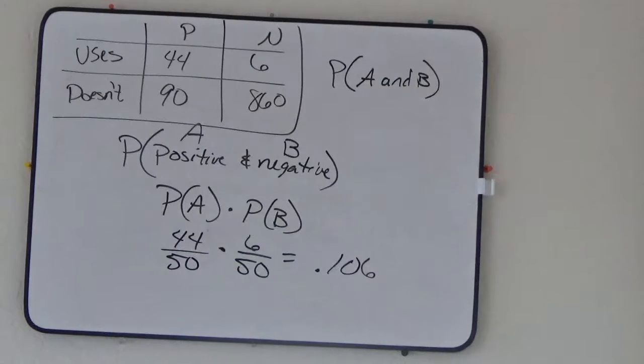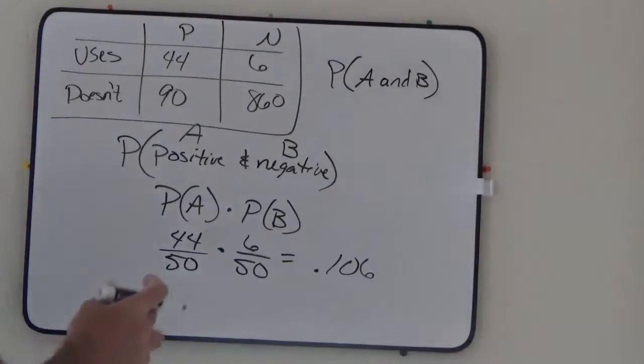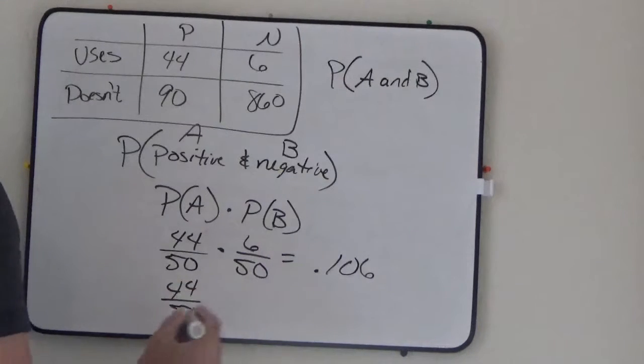Now we're going to do this again, the exact same thing, only without replacement. So that means we're going to look for a positive result and then not replace that result and look for our negative result. The first event, looking for a positive result, is still going to be 44 out of 50.